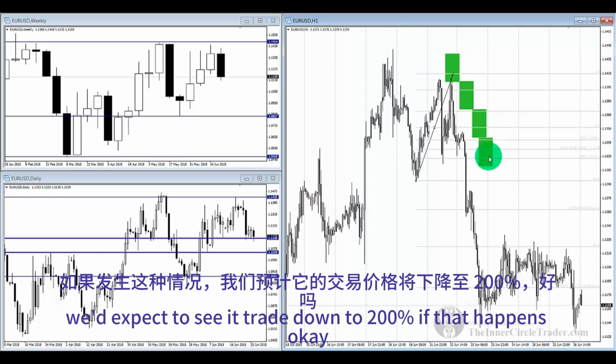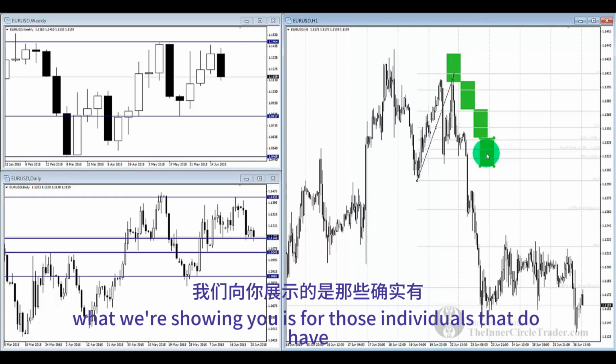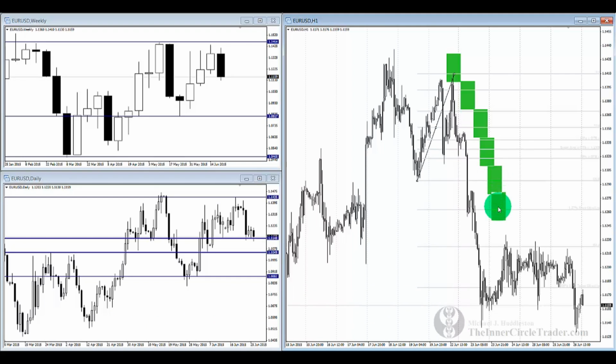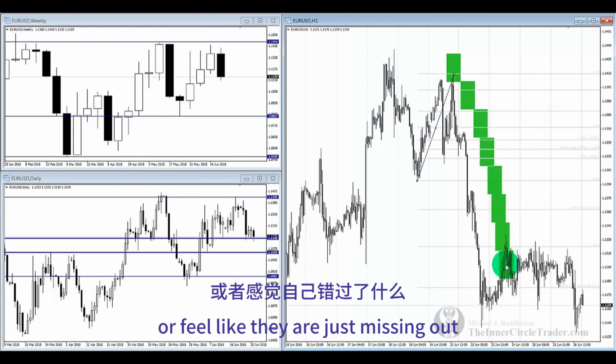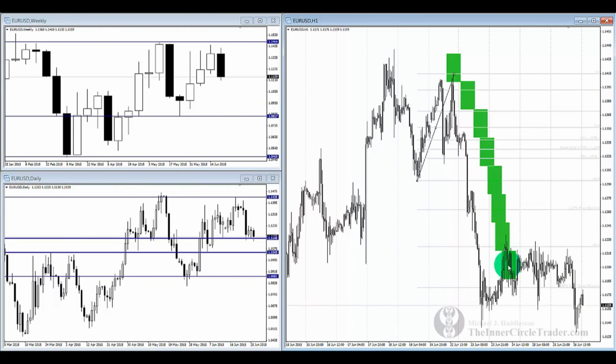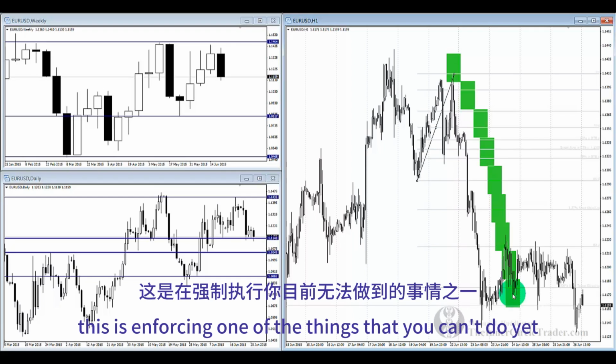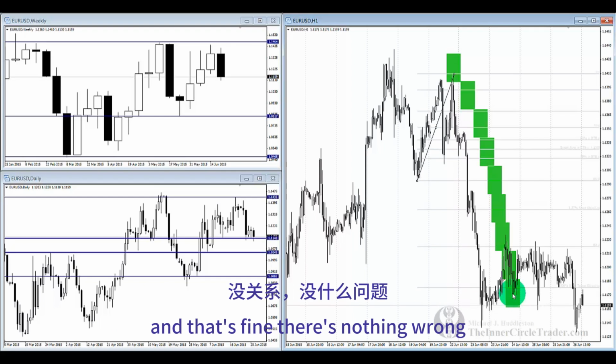If that happens, what we're showing you is for those individuals that do have the ability. I'm not trying to make the individuals that can't be in front of the charts feel bad or feel like they are just missing out. It's just, unfortunately, one of the things that you can't do yet, and that's fine.